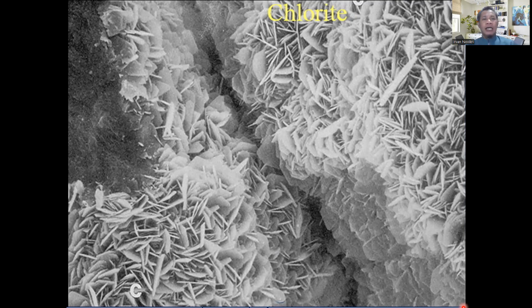And so we introduce acid into the pore system with a lot of authigenic chlorite, and the acid will very quickly dissolve a lot of the chlorite component.